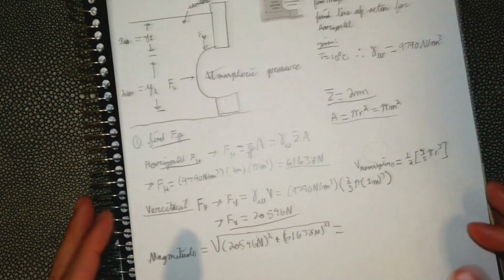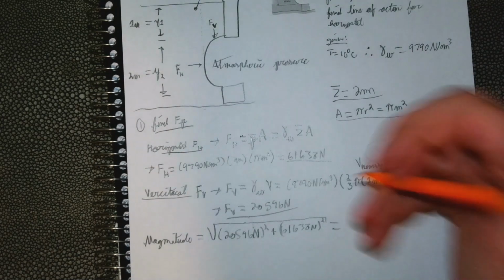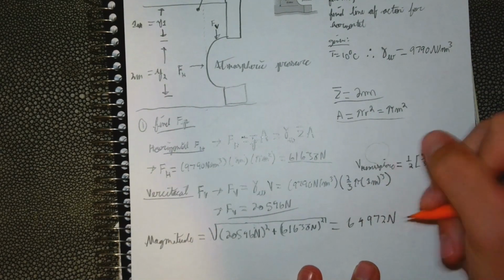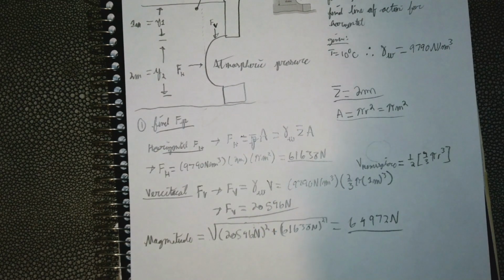Then if you do that, you will get a magnitude of 64,972 newtons. So that is the magnitude of the pressure force acting on that curved surface.